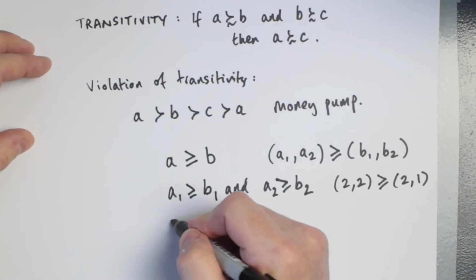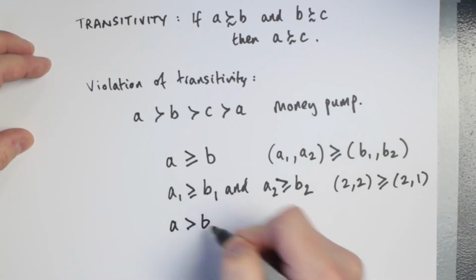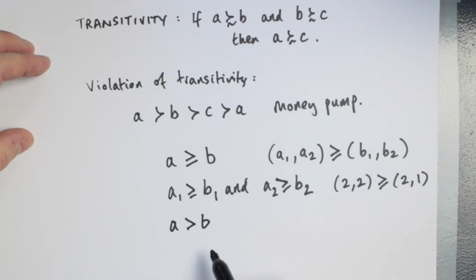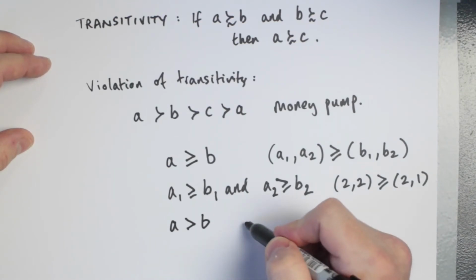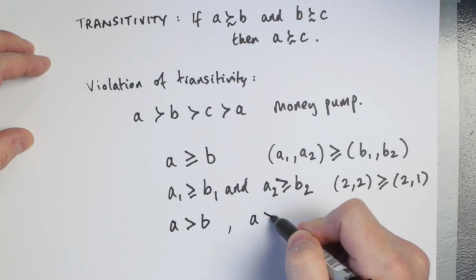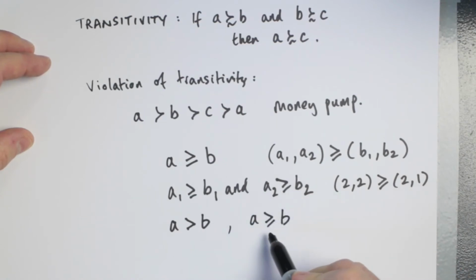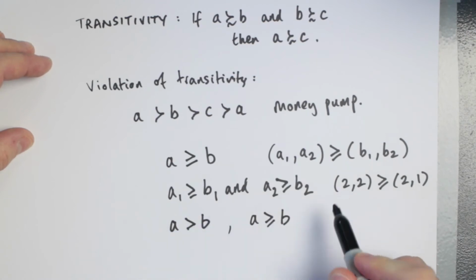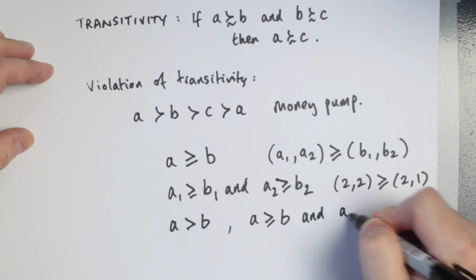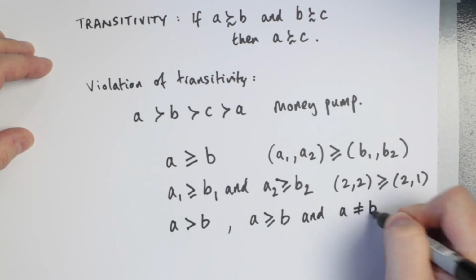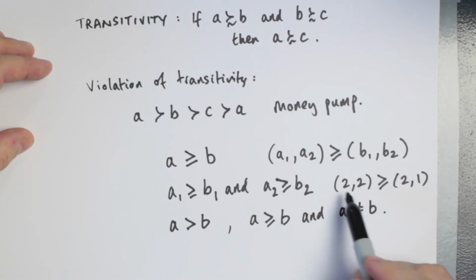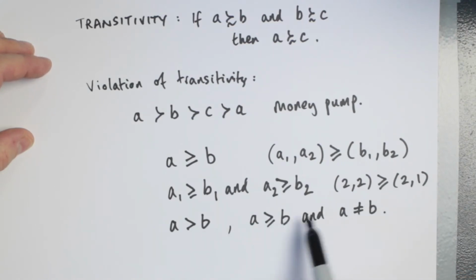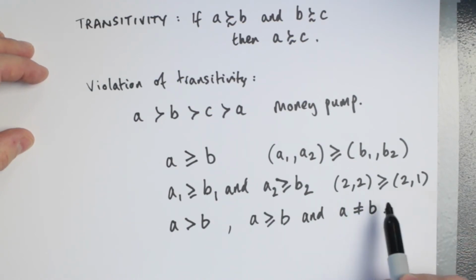When we write that a bundle is strictly greater than another bundle, it means that A is at least as large as B in this sense, and that they are not equal. So that's covered by this case here as well. Here I could say A is strictly larger than B because it satisfies this, and they are not the same. So it rules out comparing 2, 2 with 2, 2. That would not be strictly greater, that would be equal.